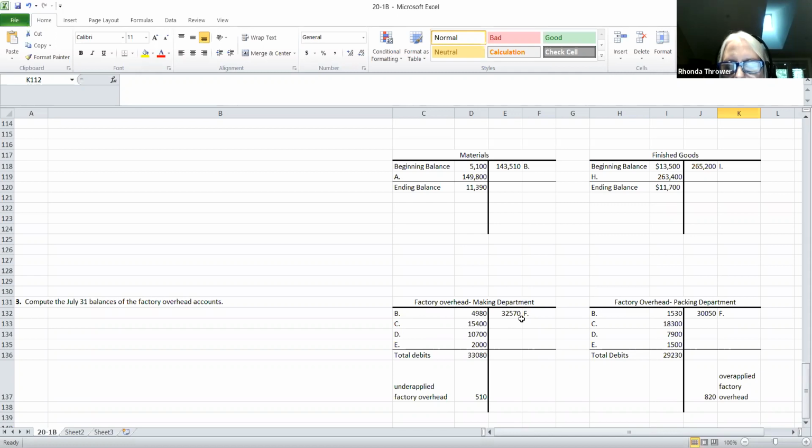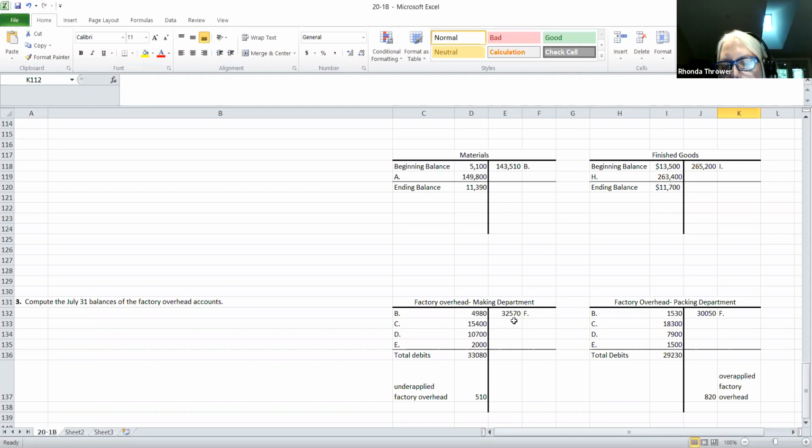In the factory overhead account, it's possible to have a leftover debit balance, because remember, when you credit your factory overhead here from transaction F, you're applying the factory overhead. You're estimating the amount of the factory overhead.